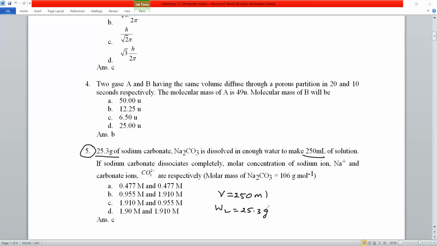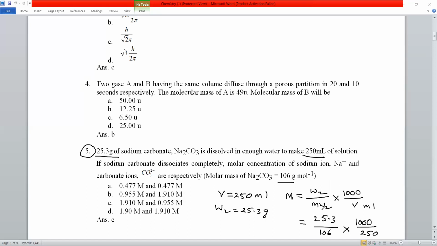So first we can find the molarity of this one. Molarity equals given weight by molecular weight into 1000 by V in ml. So given weight is 25.3 divided by the molecular weight of Na2CO3, which is 106, into 1000 by 250.